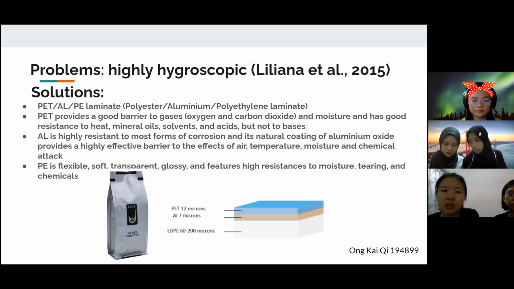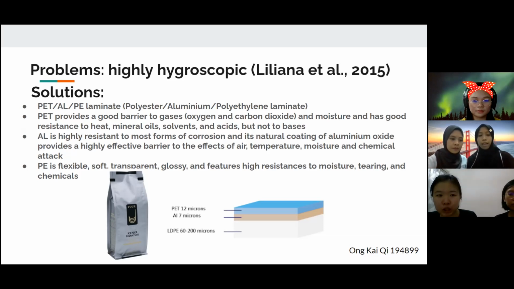I chose this because PET provides a good barrier to gases and moisture, and also resistance to heat, mineral oils, solvents and acids. The most important part is the aluminium, which is a highly effective barrier to the effects of air, temperature, moisture, and chemical attack.